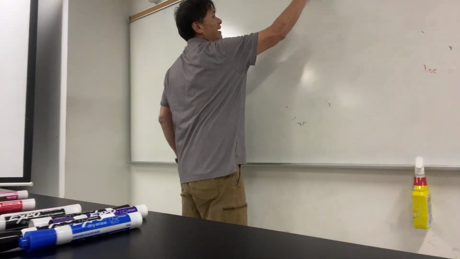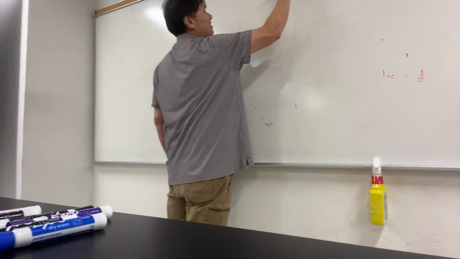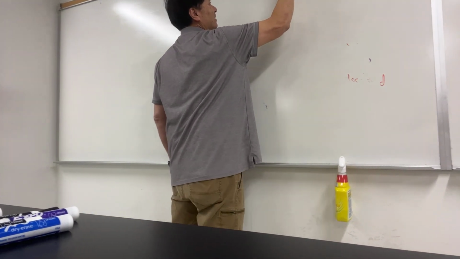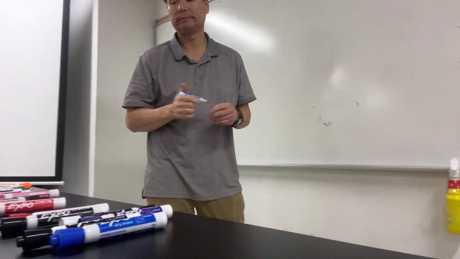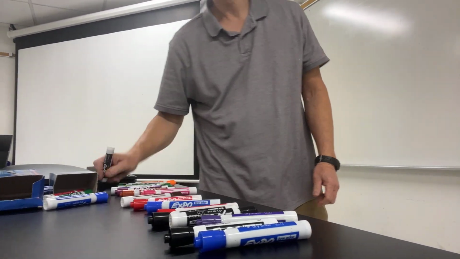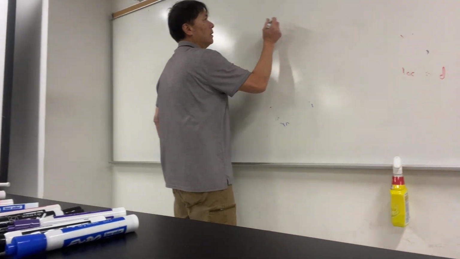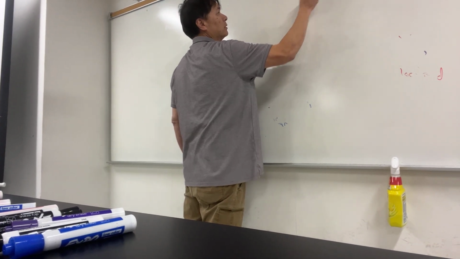All right, so I'm going to leave this now, acids and bases, and we're going to talk about Lewis acids and bases. A Lewis acid is an electron pair acceptor.